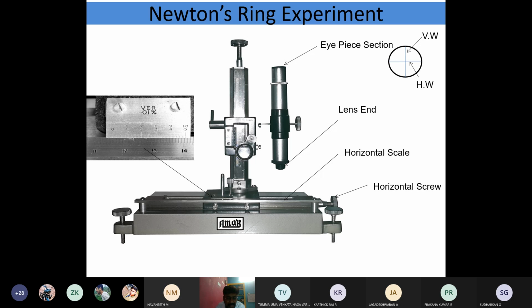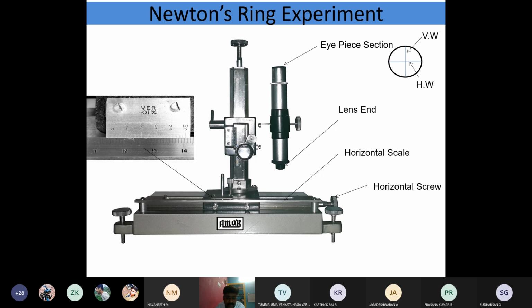If you want to measure the top and bottom side reading, then we have to consider this screw. But we are going to consider only the left and right side of the reading, so we consider only the horizontal screw that I have mentioned here.